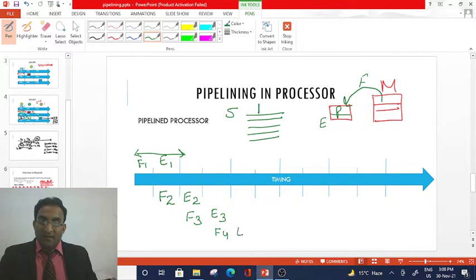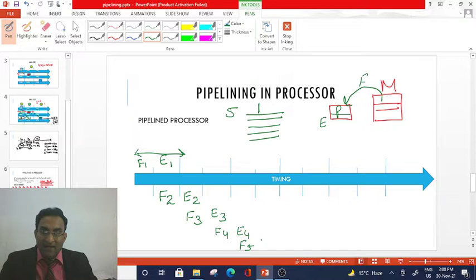After that, when the execution of the fourth instruction is going on, fetching of the fifth instruction will begin and execution of the fifth instruction will be completed in this cycle. After that, there is no more instruction. So the whole set of instructions takes 1 2 3 4 5 and 6.